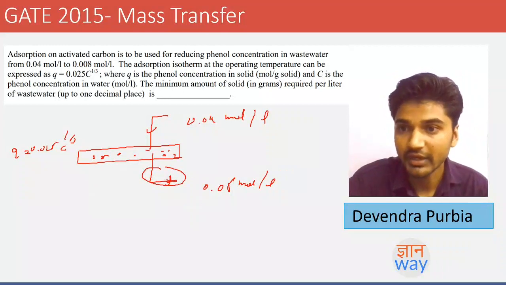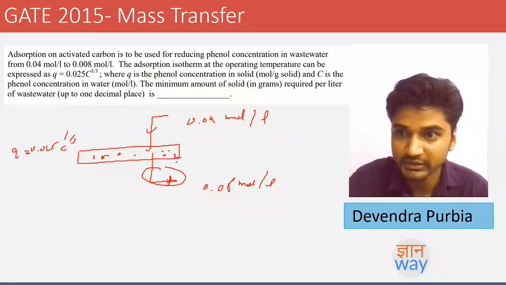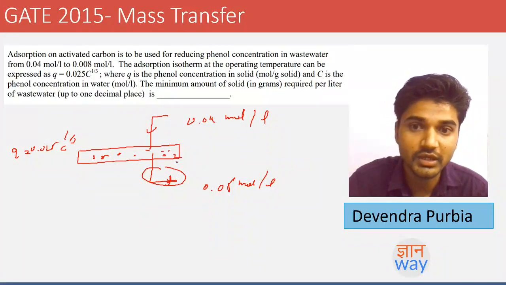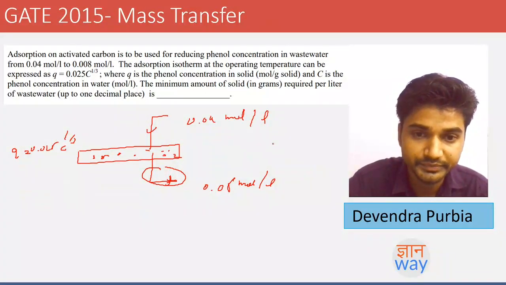Now we are asked to calculate the minimum amount of solid required per liter. So we are taking basis as 1 liter.